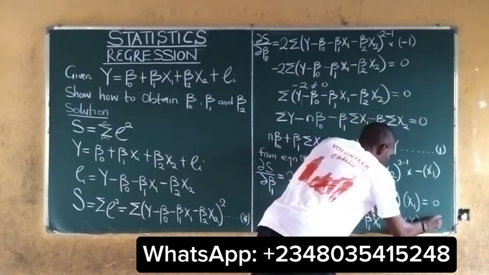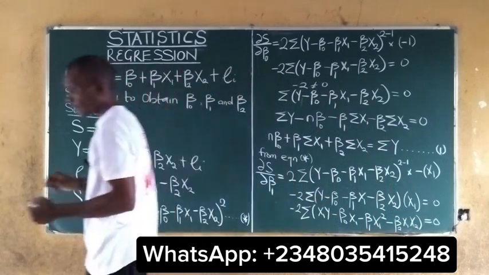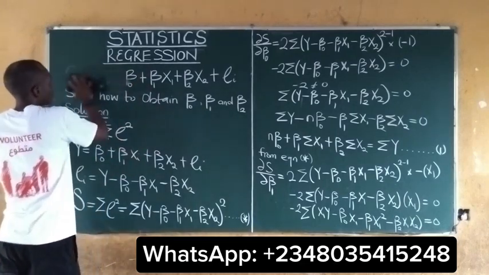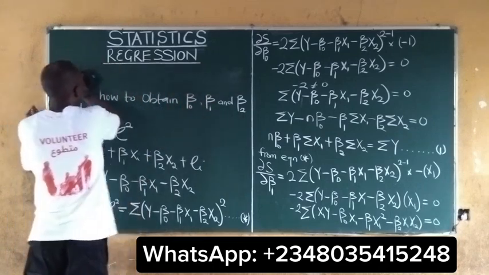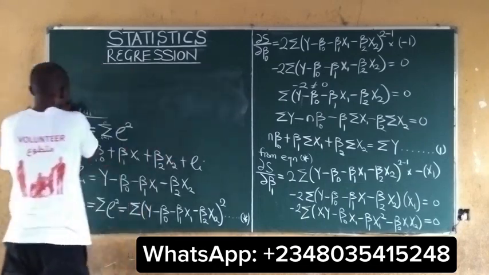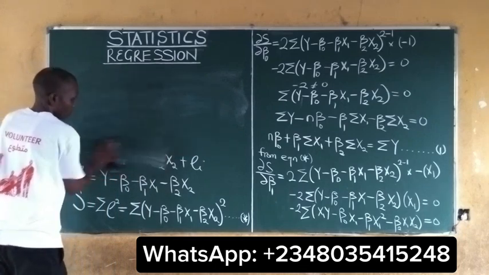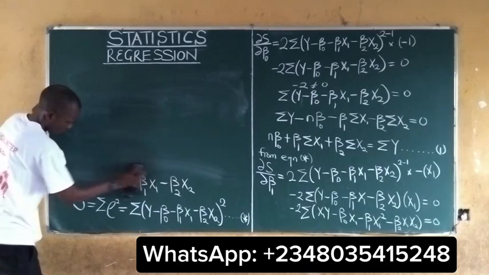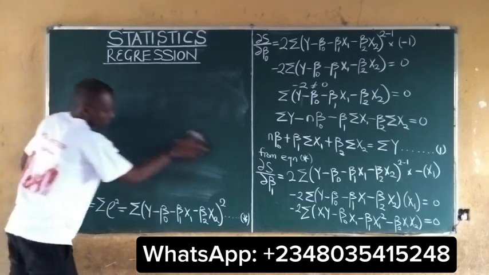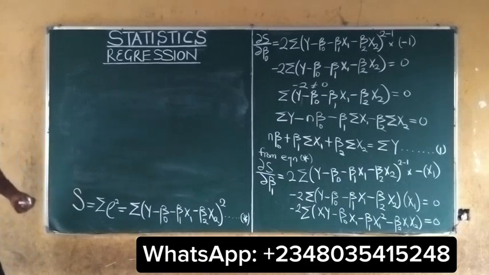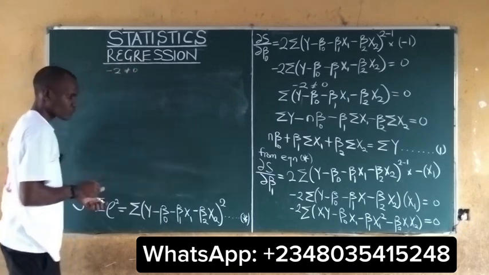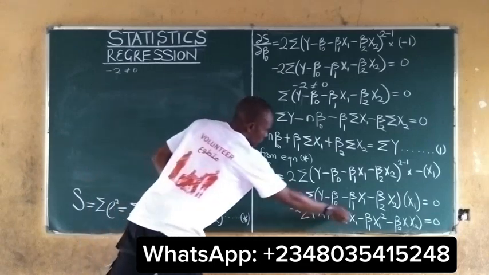Of course, this is equal to 0. Negative 2 is not equal to 0, so it goes.